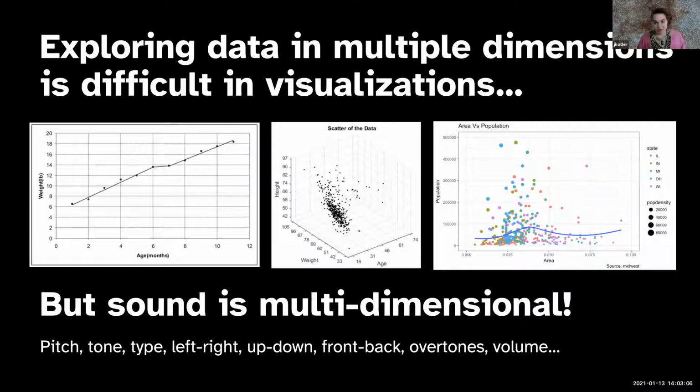Another strength of sonification that is a bit lacking in visualization is the exploration of data in multiple dimensions. So these examples on the screen give a really good visualization of what this issue is. So on the left, we have a simple line graph that is showing just 2 dimensions, right?